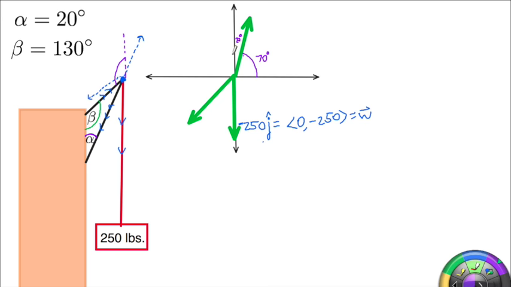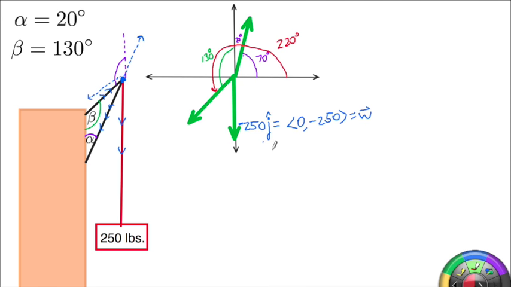This angle here, from here to here, is 130 degrees. But again, that's not the angle that we want. We want from here to here. So it's going to be 130 degrees plus 90. So that angle is going to be 220 degrees.